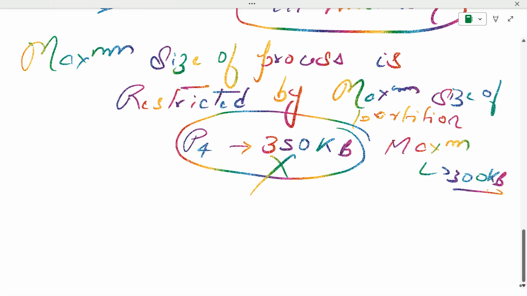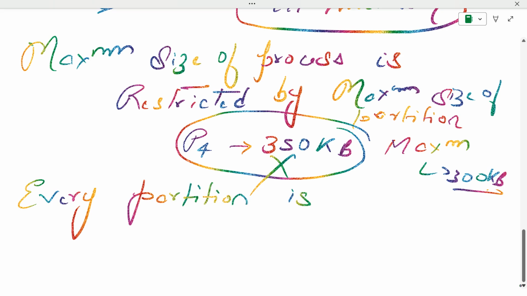And the second thing is every partition is associated with a limit register. A limit register is nothing but denoting the upper and lower limit.